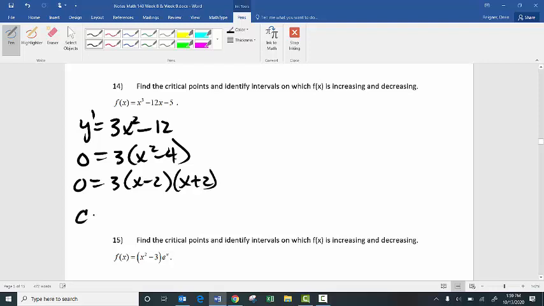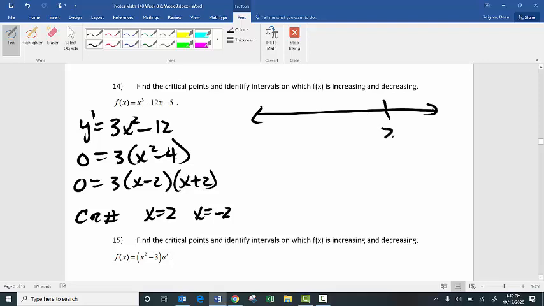So our critical numbers are 2 and -2. Right? So now we're going to make a little number line. So we know at 2 our slope is 0, and we know at -2 our slope is also 0.